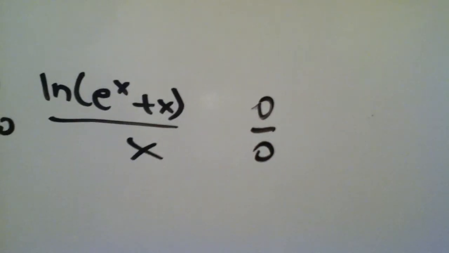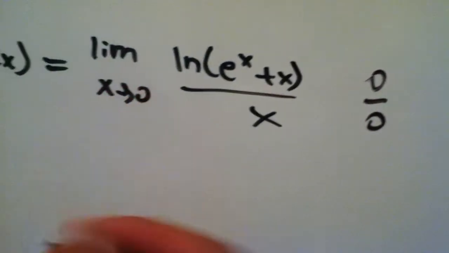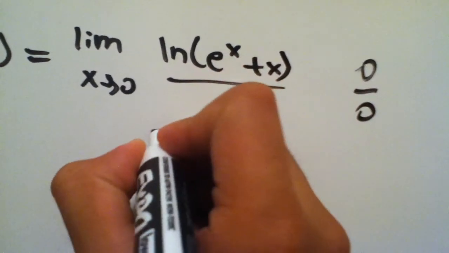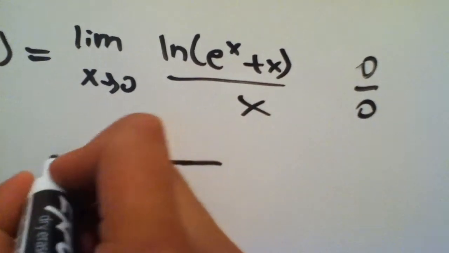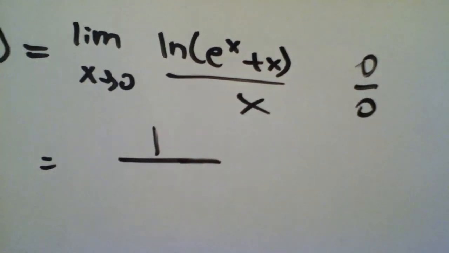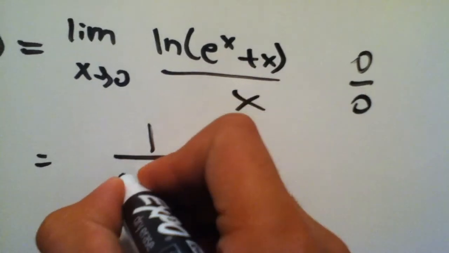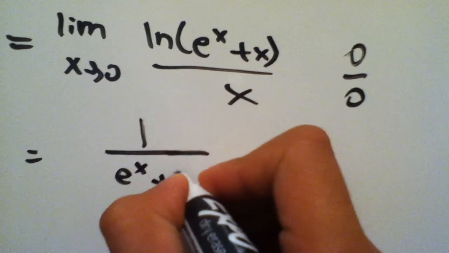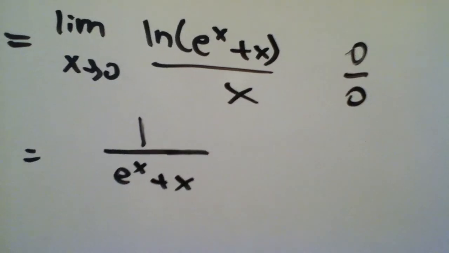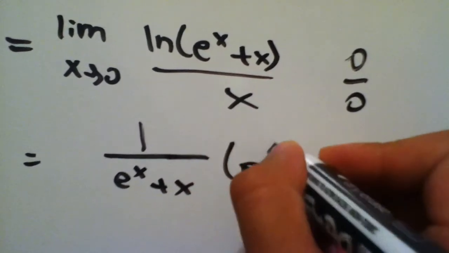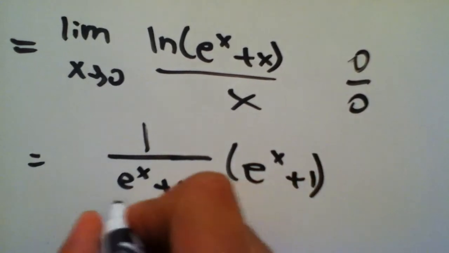So now all you have to use is L'Hopital's rule. We just take the derivative of the top and take the derivative of the bottom, and we should be golden from there. So let's just do that. We'll have to use a bit of the chain rule here. So that's the derivative of that over 1.